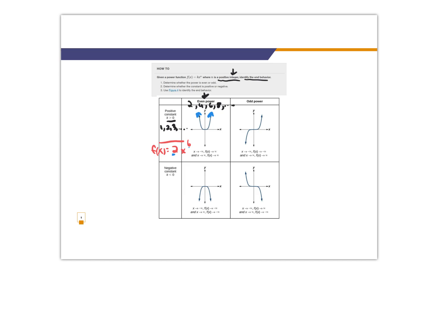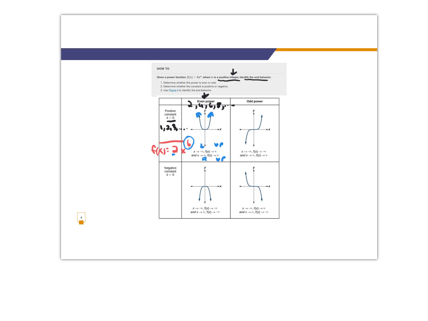As x goes to negative infinity, that means left, we know f of x, that's our y values, must go up. As x goes to the right forever, our y values must go up. That's my end behavior, both ways, up. How do I know? There's a 6 there, and it's even. If it's even, both sides will go up. That's the way it works.